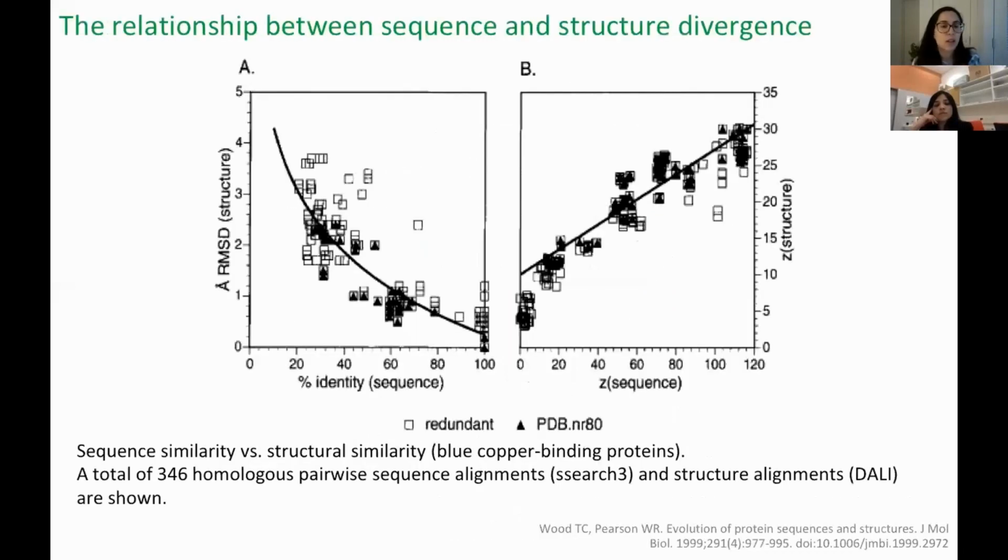So this is a comparison of 346 homologs, and they are being compared in terms of sequence identity and RMSD. And for this set of homologs, we see that there is a relationship between the amount of change in sequence and the amount of change in structure.